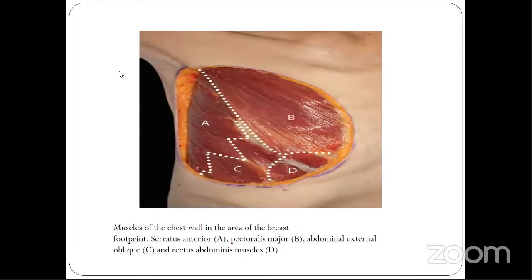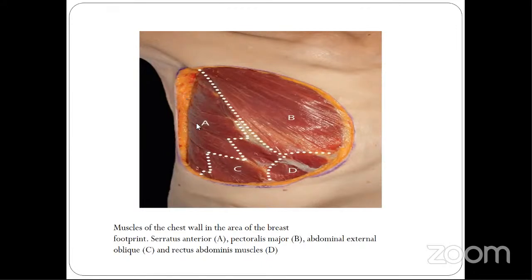As we see here, this is the second rib, and this is the 6th or 7th rib. We can find the anterior axillary line here, and the sternum is here. So the breast will be lateral to the sternum, medial to the mid-axillary line.